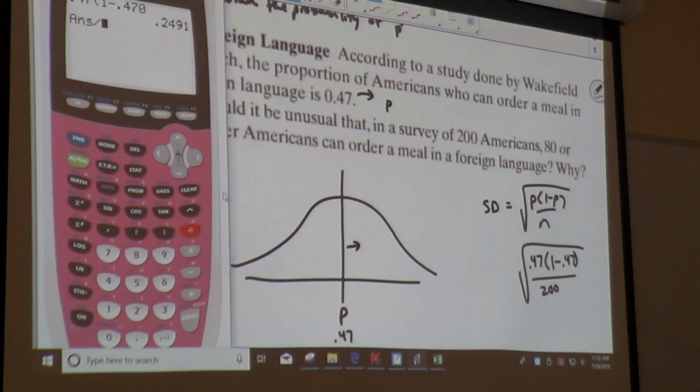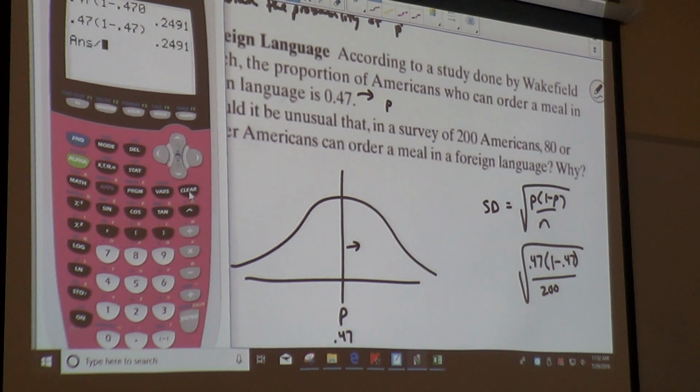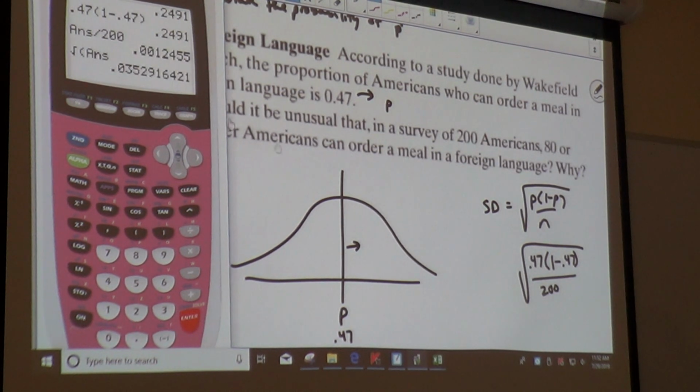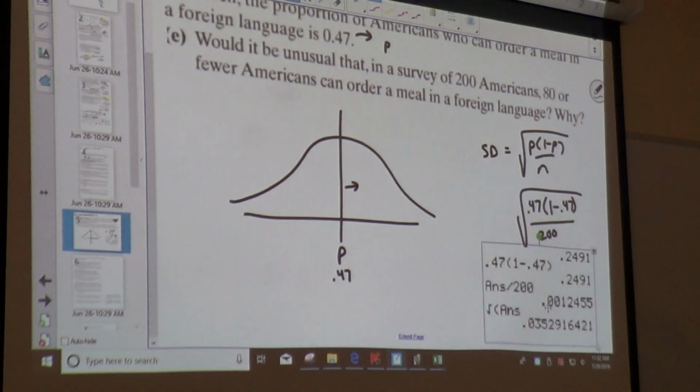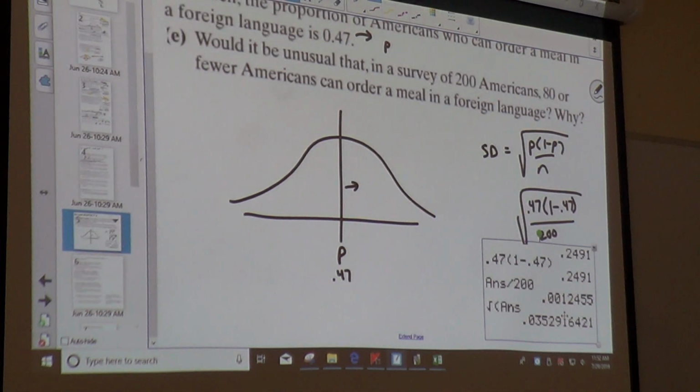Oops, no I didn't. And then I'm going to take the square root of that answer. So that is my standard deviation. My standard deviation is 0.03529.